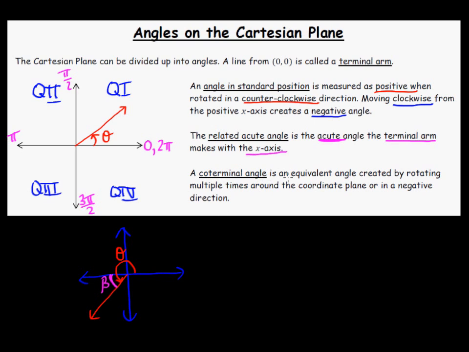A coterminal angle is an equivalent angle that we can create by either rotating around multiple times or by rotating in a negative direction. As an example, an angle of 2 pi, so rotating all the way around and coming back to the starting position, would be a coterminal angle for an angle of 0 radians.